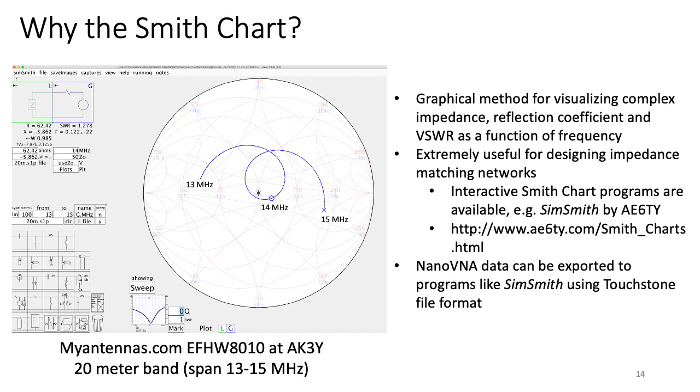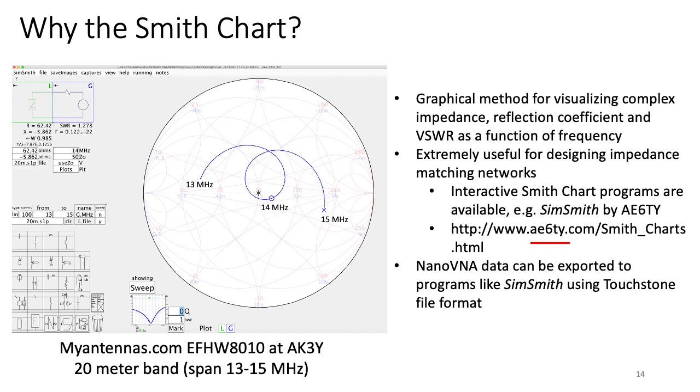And one thing nice is that there is available an interactive Smith chart program from AE6TY, the reference is provided here, that allows you to take NanoVNA data, which is exported in what's called a Touchstone file format, and process it within SimSmith. A very useful application.